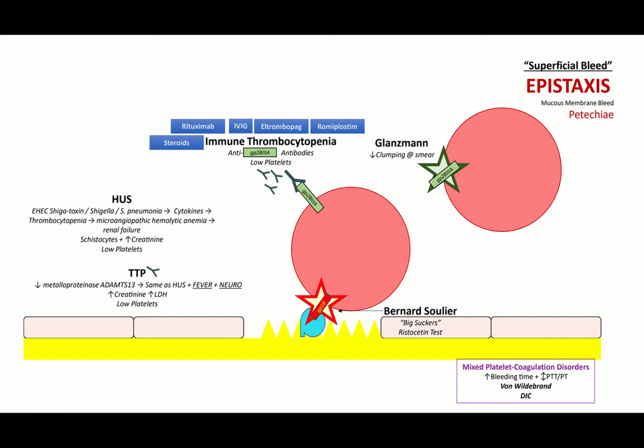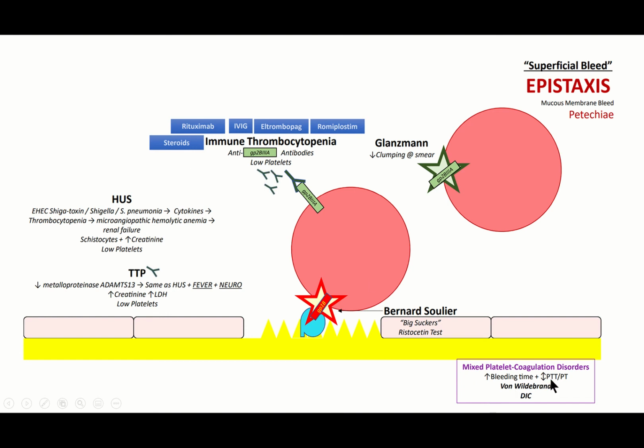Other coagulation cascade problems should not necessarily have an increased bleeding time except for these two down here. So if they tell you the patient has increased bleeding time, or maybe they tell you it has epistaxis, mucosal bleeds, or petechiae, you're thinking low platelets, and it's probably one of these 6 pathologies, or 5.